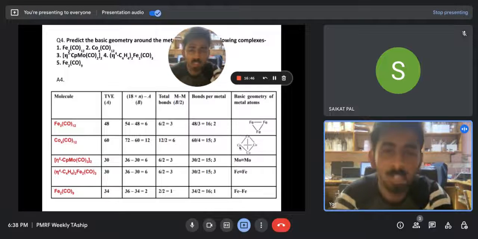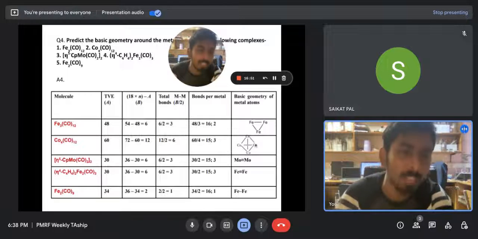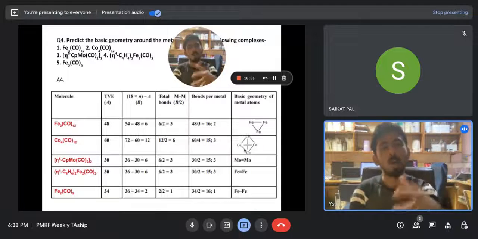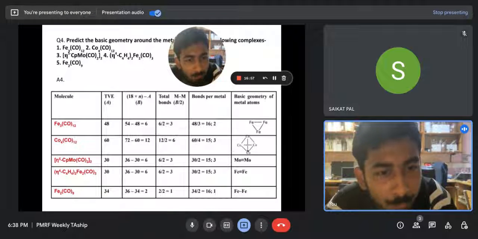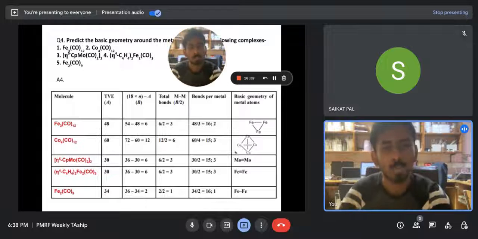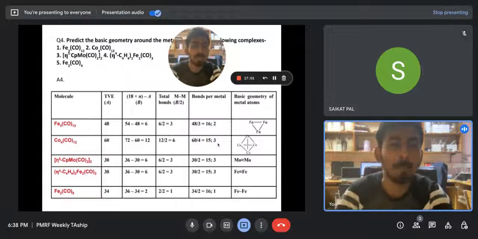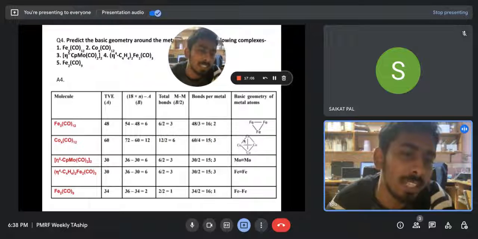You can see the total number of metal bonds is 6. If we have this tetrahedral kind of structure among all the cobalt atoms, you can see there are 1 bond, 2, 3, 4, 5 and 6. So the total number of bonds is 6 and the number of bonds per metal is 3. From each cobalt there are 3 bonds.